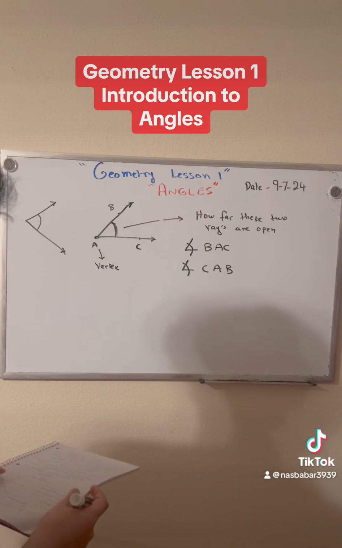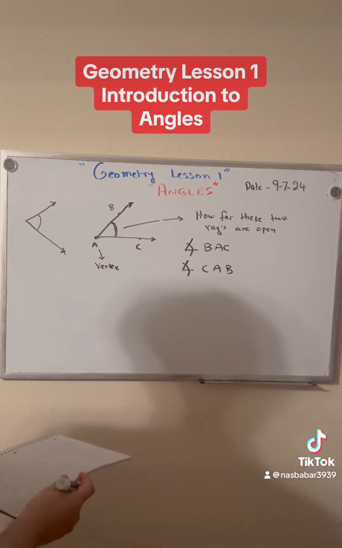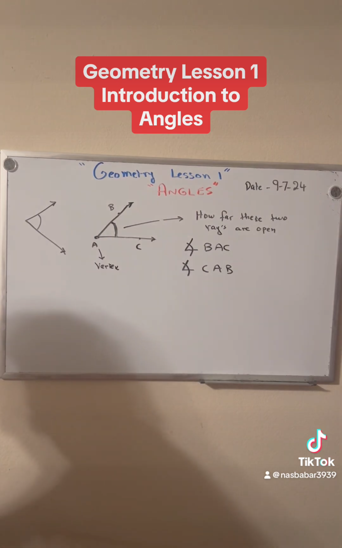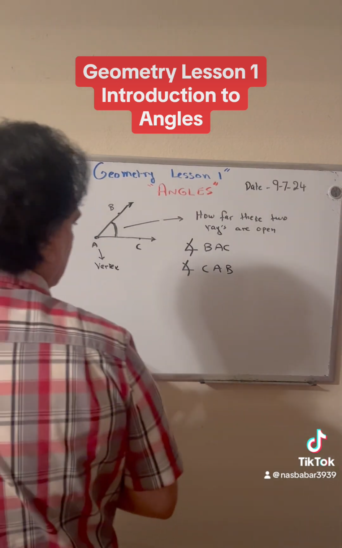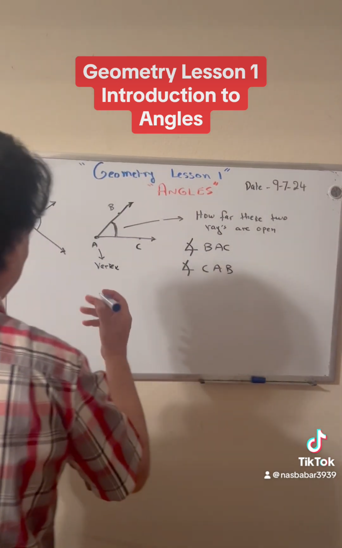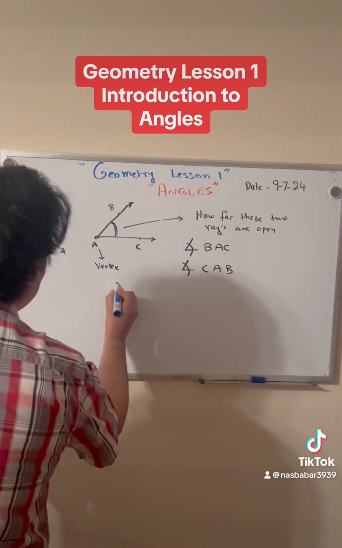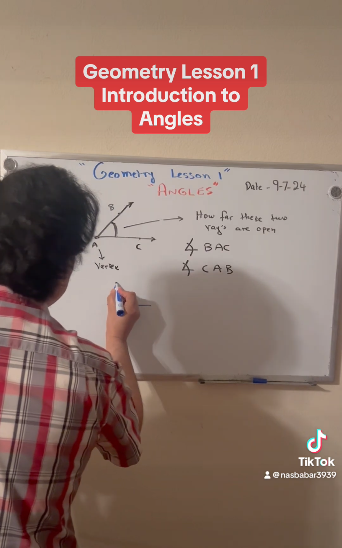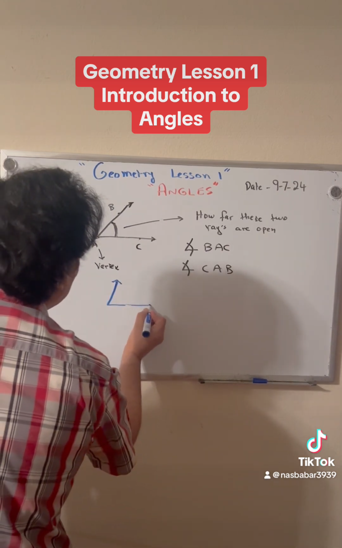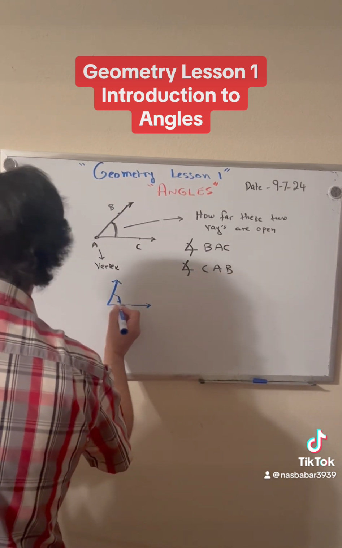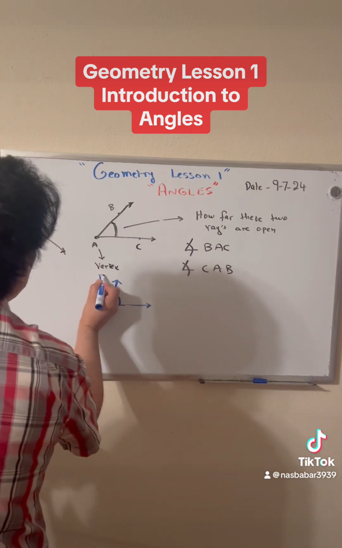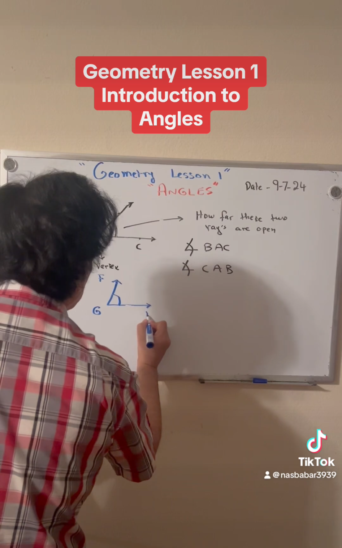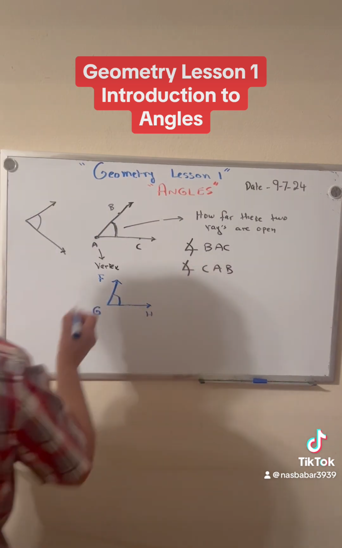Let me ask you another one. I'll draw that in blue for no particular reason. We have this angle, and let's call this point F, the vertex is G, and this is H. How would you write this angle?